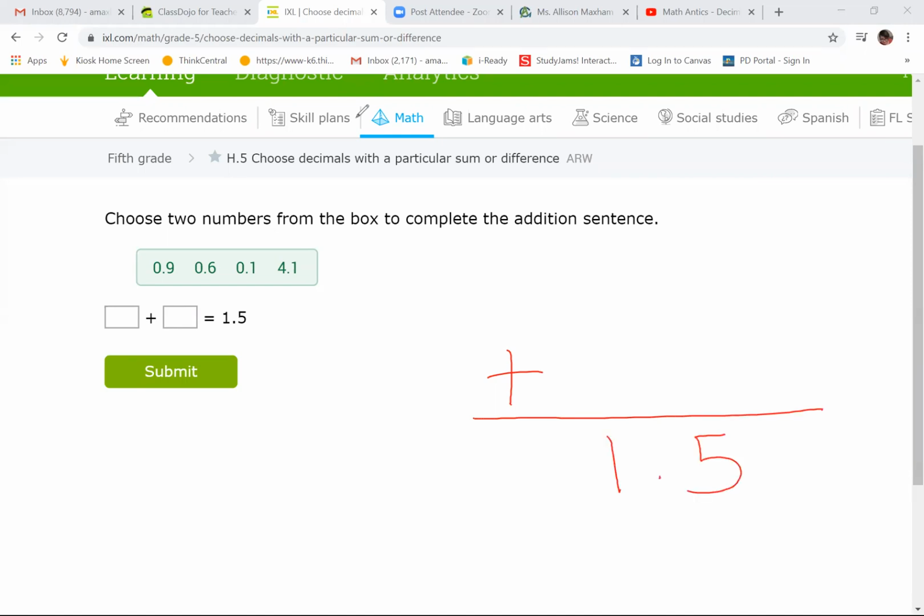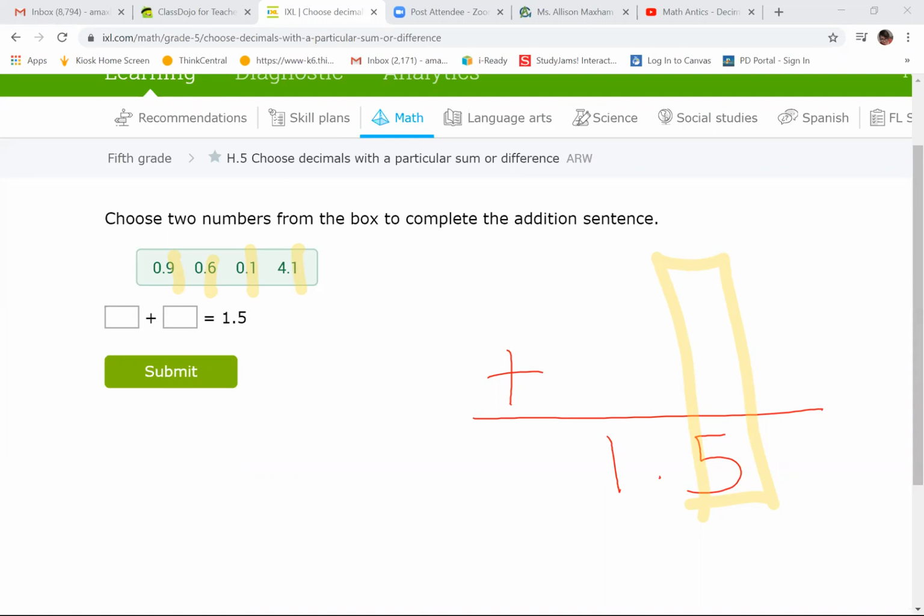Okay, so your sum is 1 and 5 tenths, and you need to think about what numbers can I add to get a 5? I've got a 9, a 6, a 1, and a 1. None of those numbers will add up to 5.